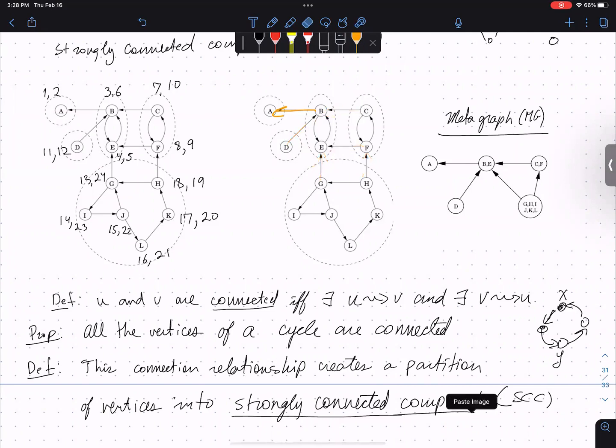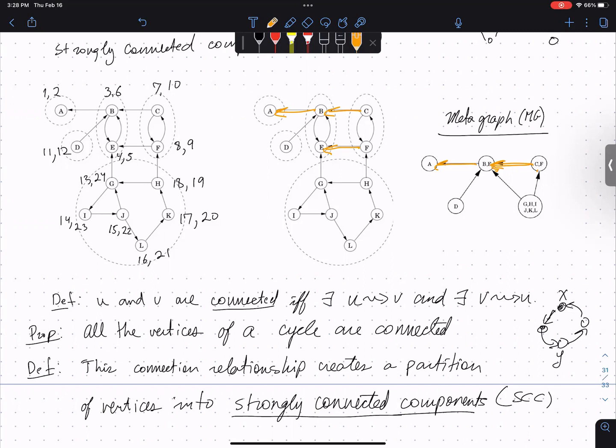So let me do this one by one. The edge going from B to A is now here the component of B to the component of A. Edge going from C to B is from the component of C to the component of B. Edge from F to E is from the component of F to the component of E. We already have an edge there, so we only have one edge that we put.